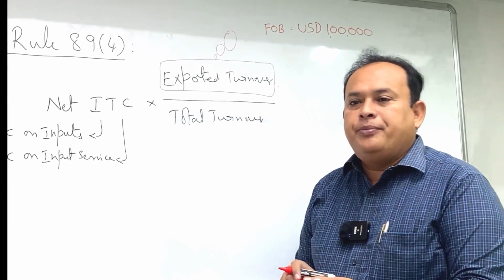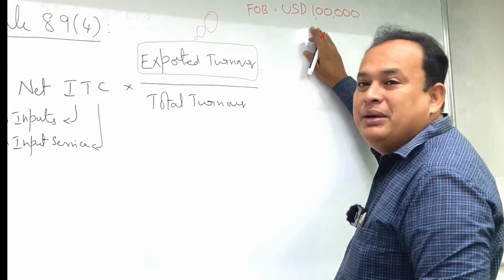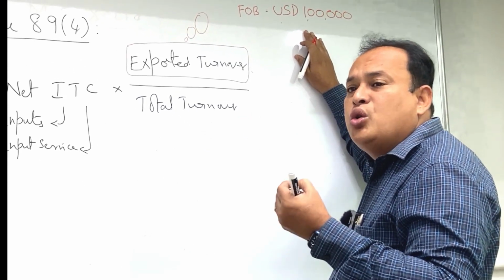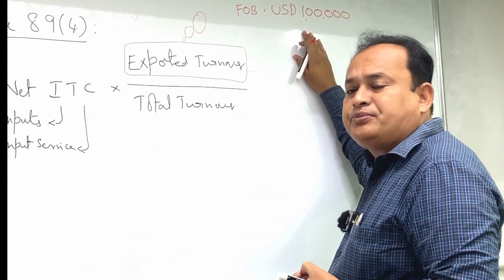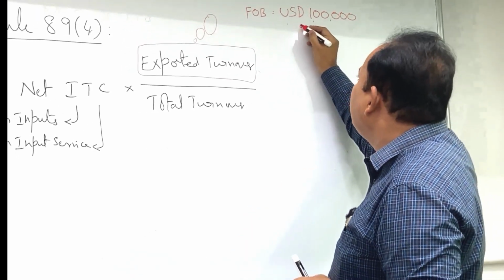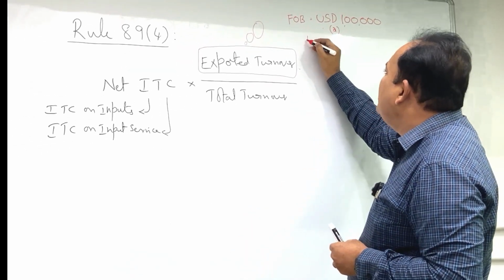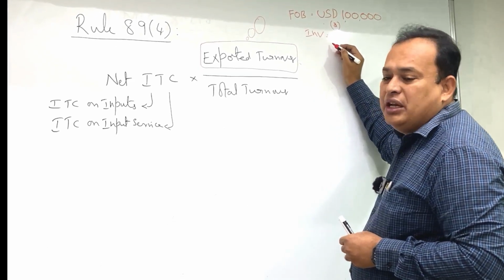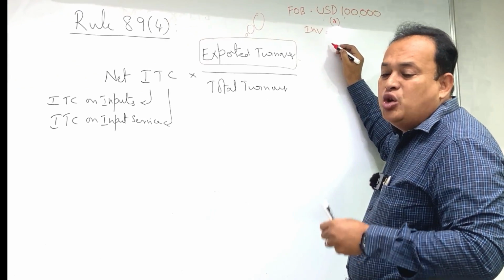So here, exporting the goods at $1 lakh, FOB value shown in the shipping bill, or the invoice value, that means the value declared in the invoice.